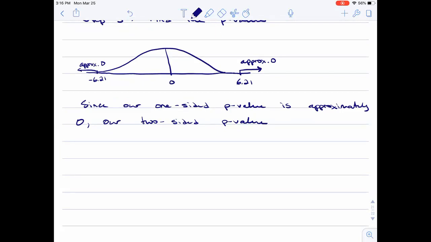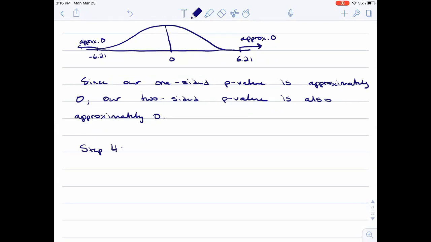So our two-sided p-value is also approximately 0. So we've got a two-sided p-value of approximately 0.